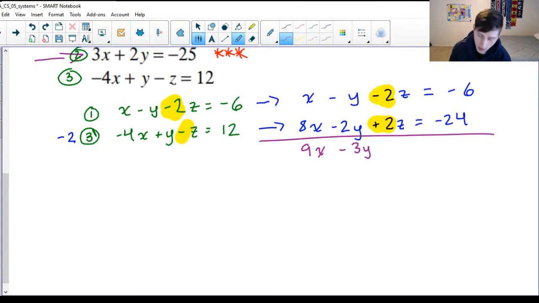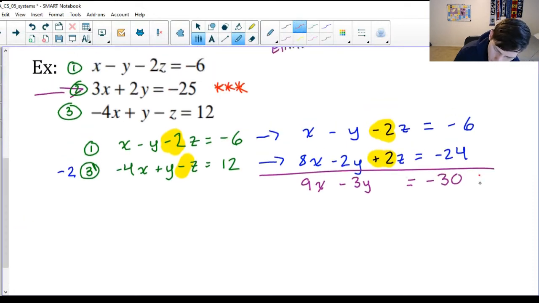Negative 6 plus negative 24, negative 30. And now I've eliminated z. I'm going to put another set of asterisks here so that I remember, hey, this thing's important. I need to use this.